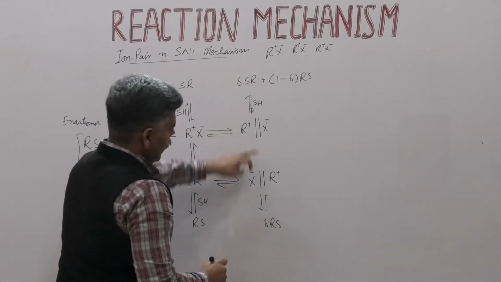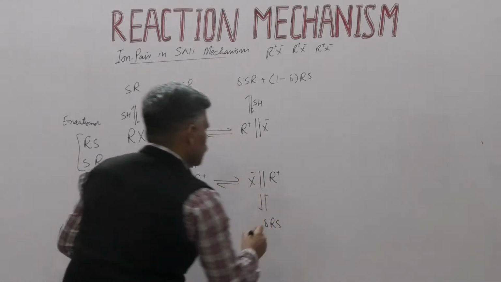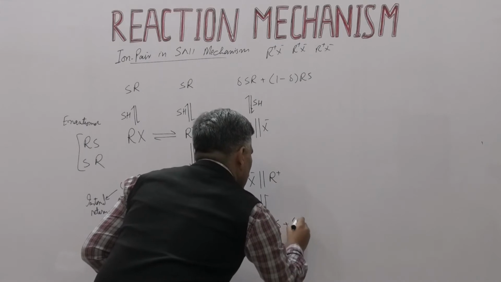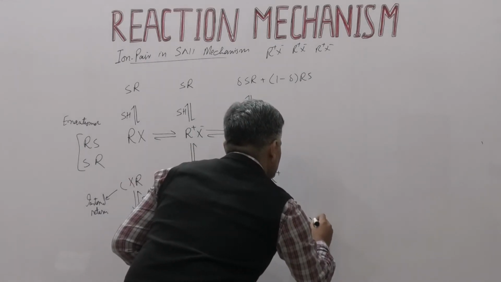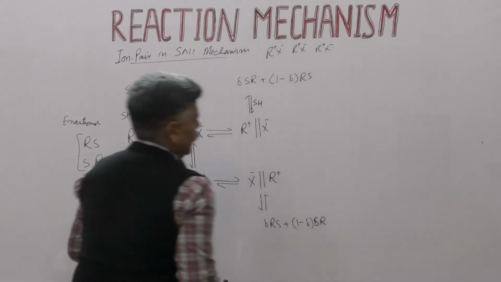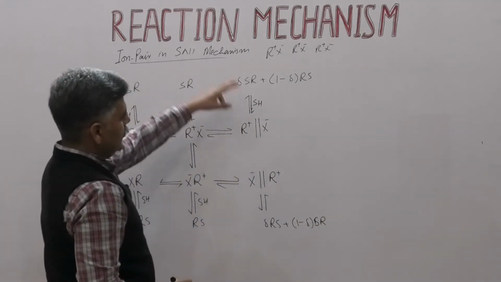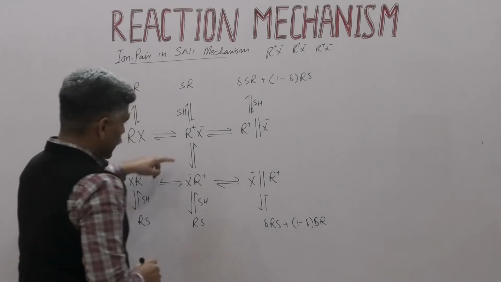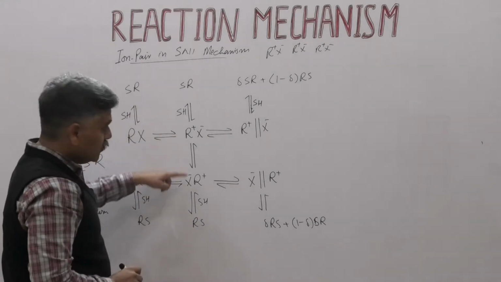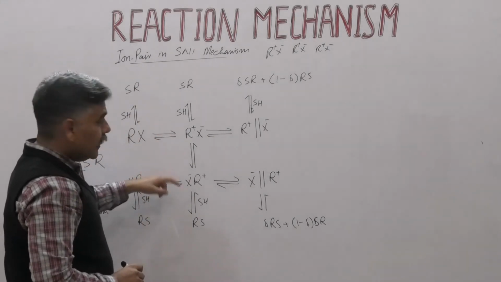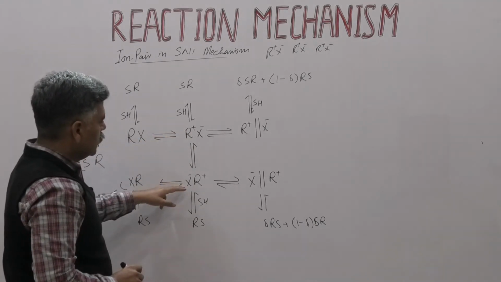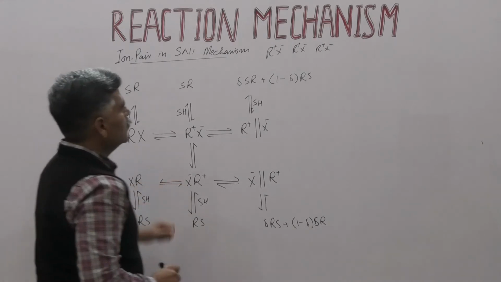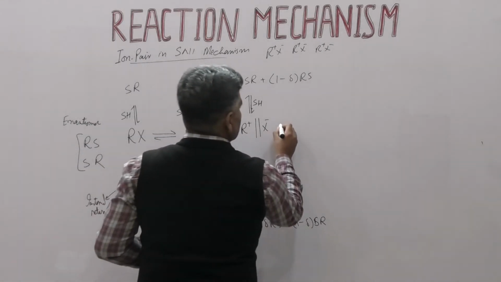This is SR and this is the reverse case. So this is RS plus 1 minus delta SR. Both these cases go side by side if there is internal return. So this is the case of internal return when R positive is attached with X negative at the opposite faces.